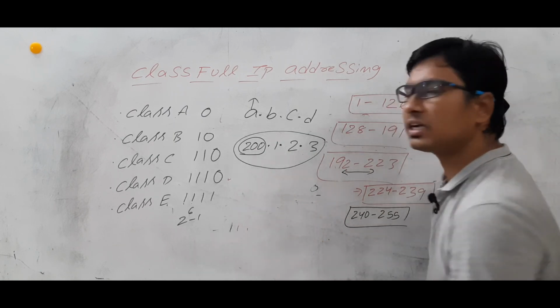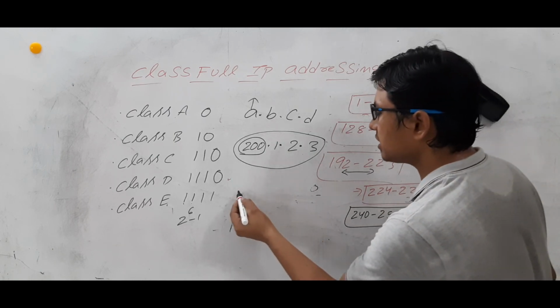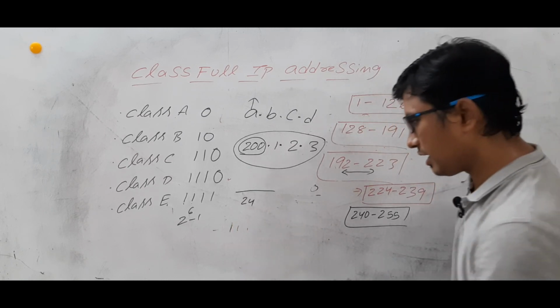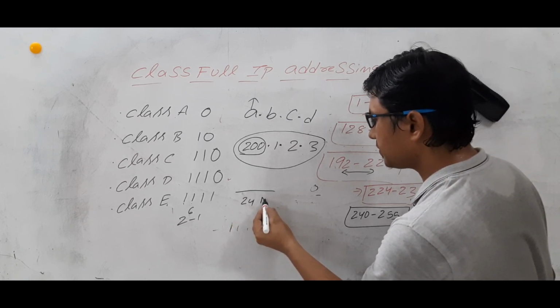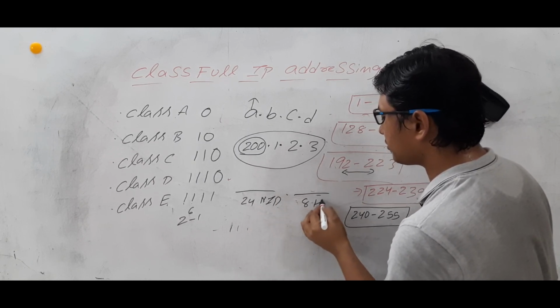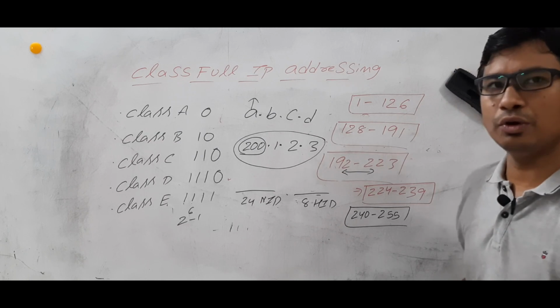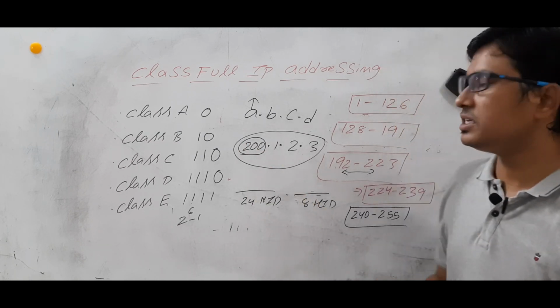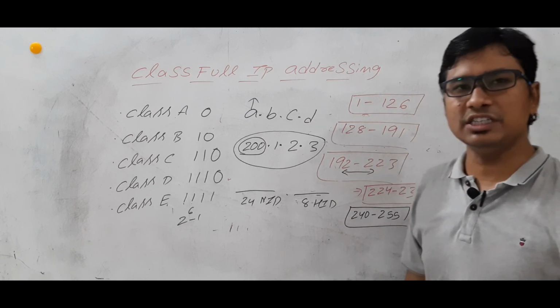So if it comes to class C, you can easily say that the first 24 bits are allocated for the network ID and the remaining 8 bits are allocated for the host ID. So by looking at the first octet of the IP address, you can easily identify in which range it will fall.